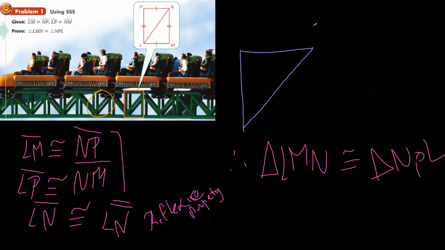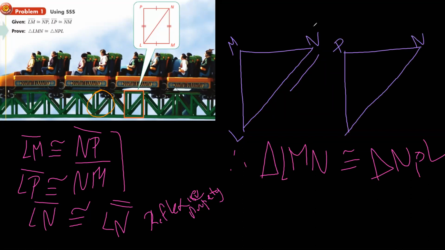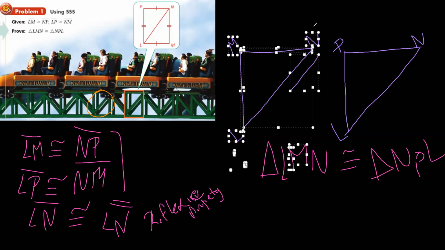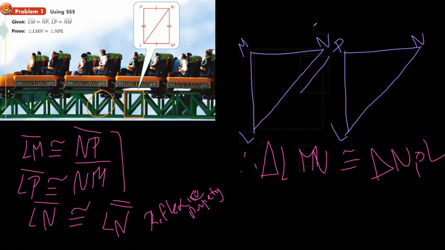Its name is L, M, and N. And the second one, if you would draw it as corresponding to it, you will name it with N, P, L. If you want to draw it, to cut it, to make it corresponding, you will draw it like this.